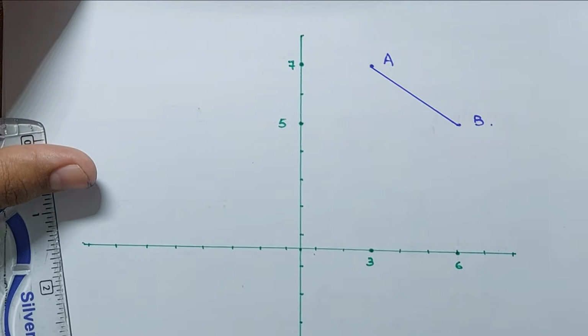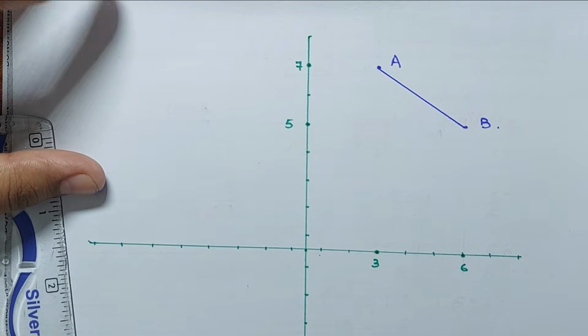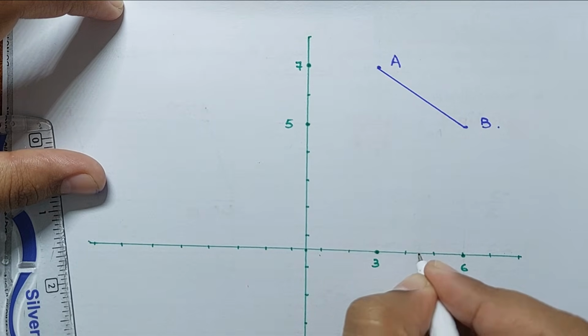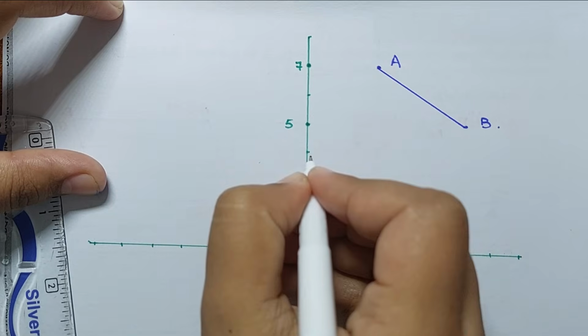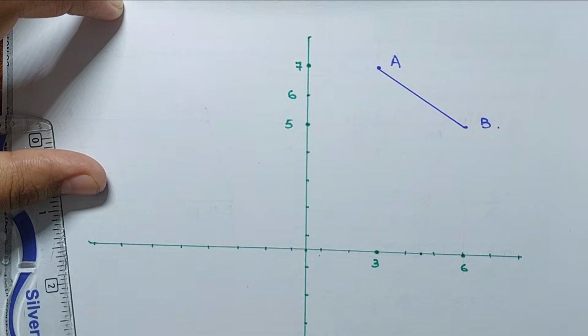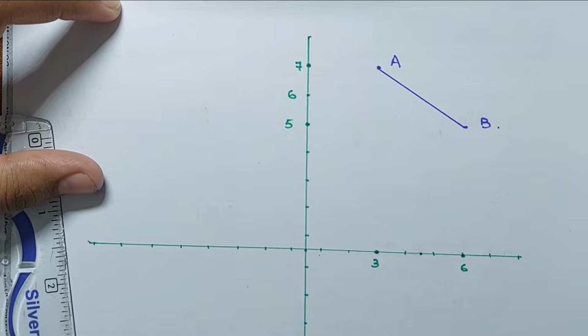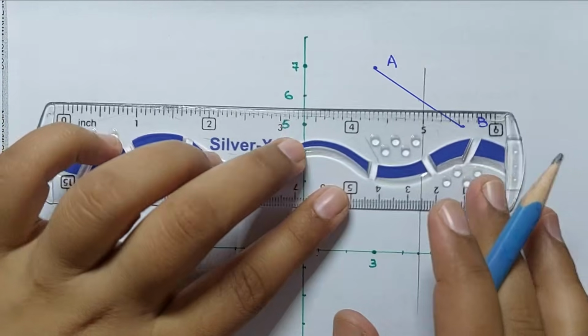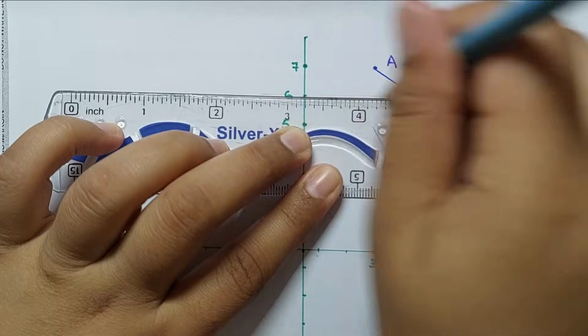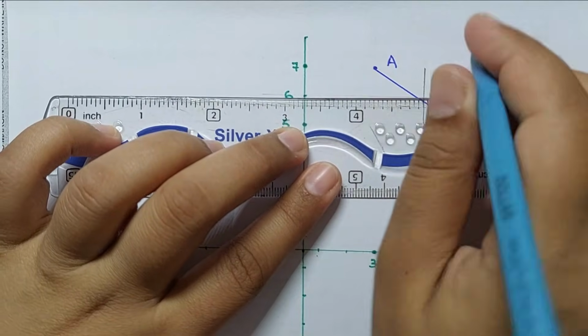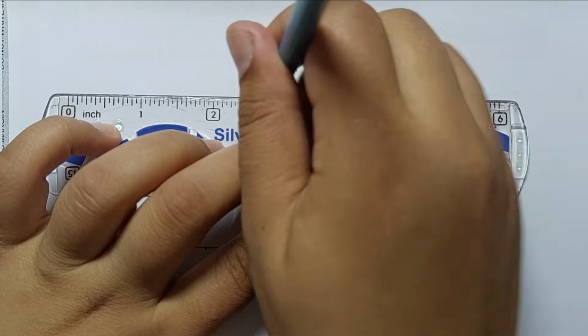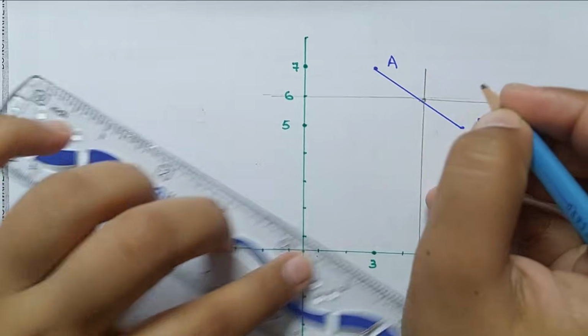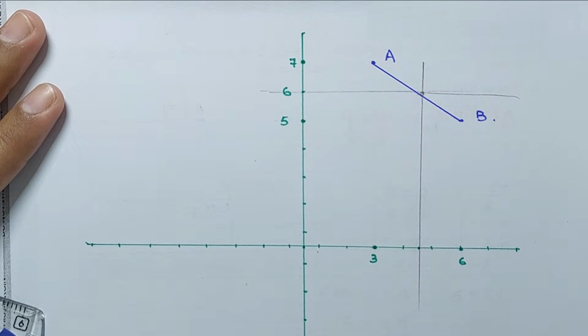X is 4.5 and the y value is 6. Okay, so x is 4 over here and 4.5, and the y value is 6 over here. So this is 4.5 and here we have 6. This is the point 6, sorry. So this is the midpoint of AB.